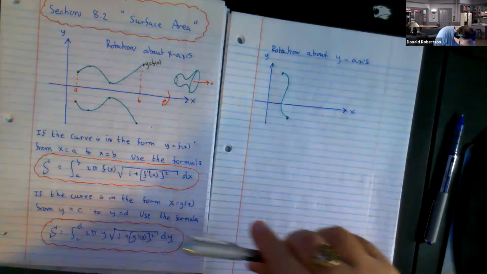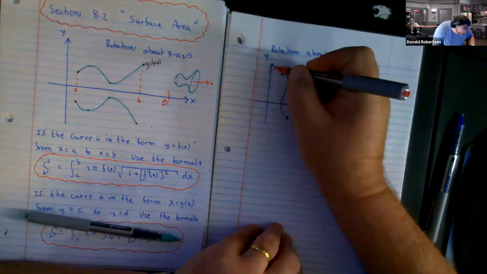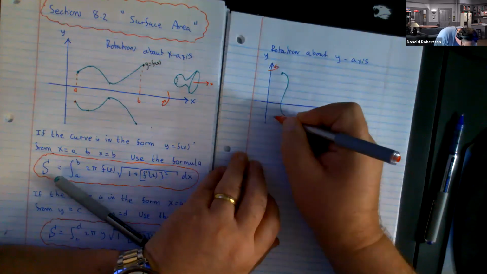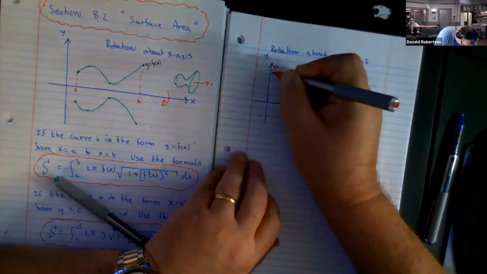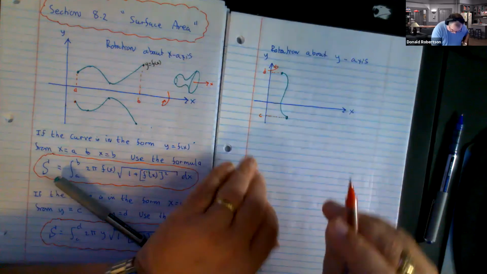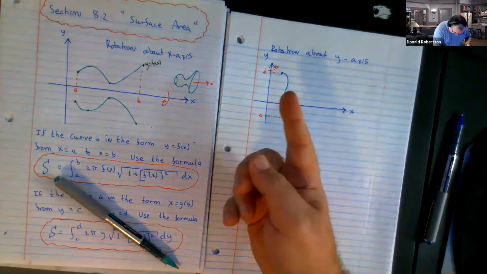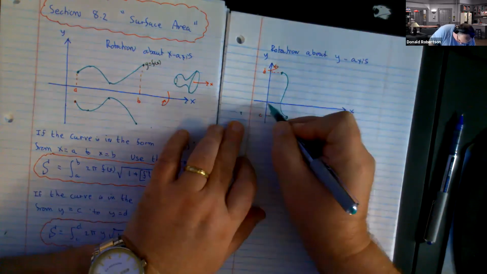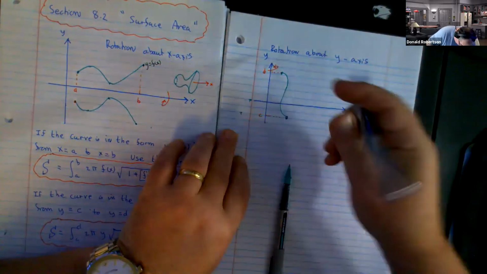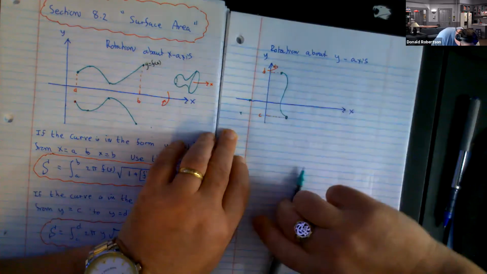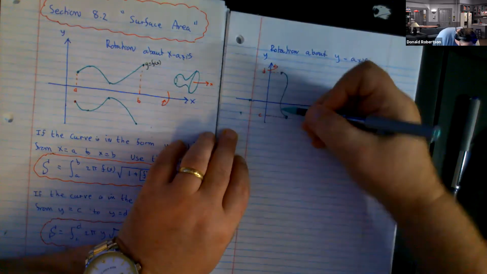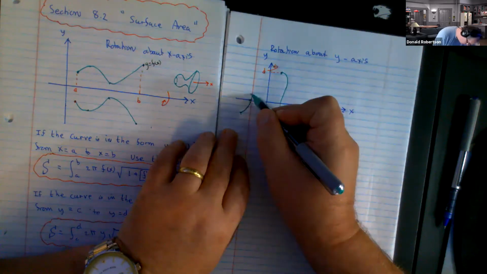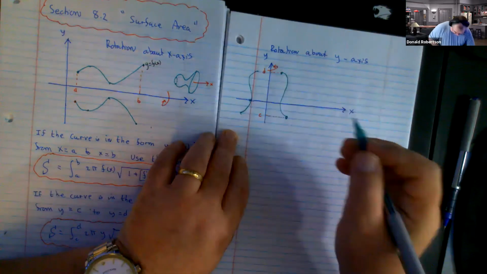And it's being rotated. We'll call this point here C, and this point here D. And when you rotate this shape about the y-axis, trying my best, but okay, I've done worse.